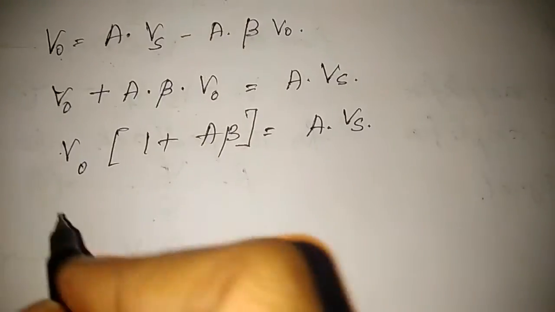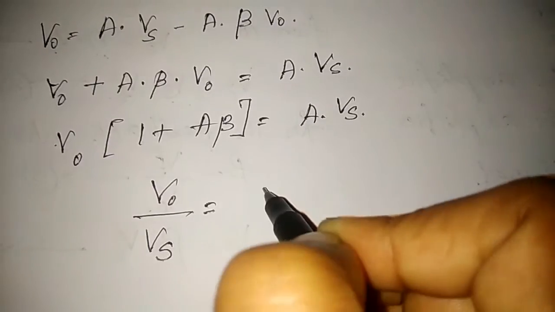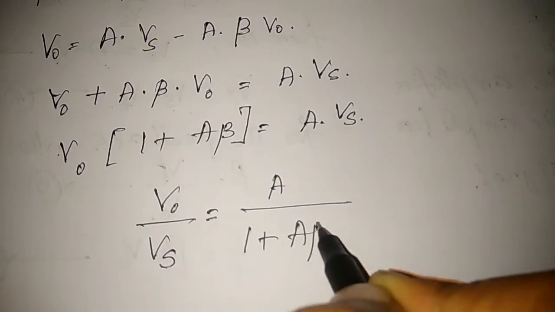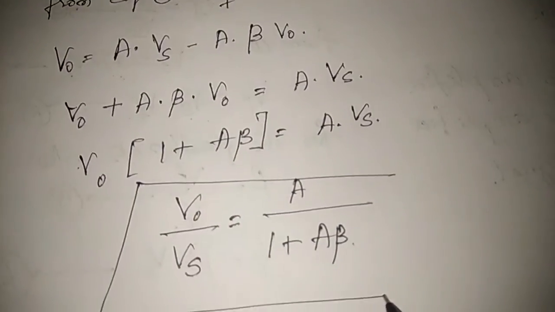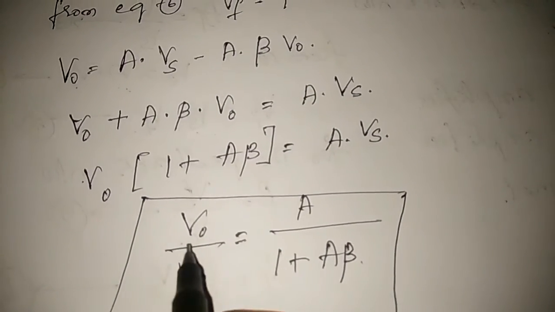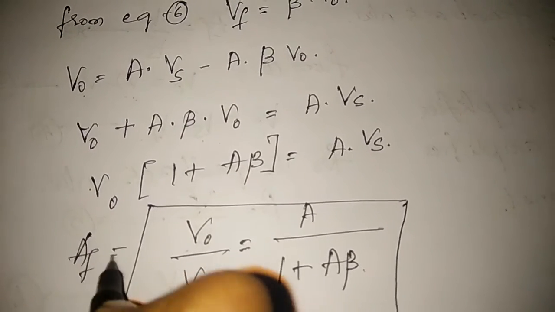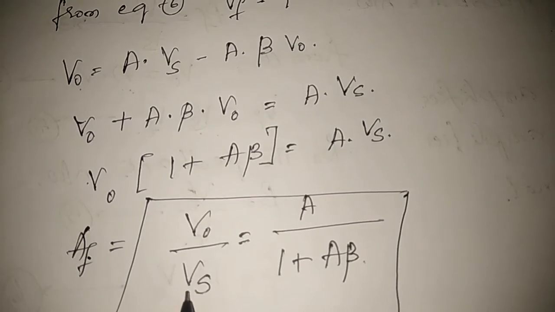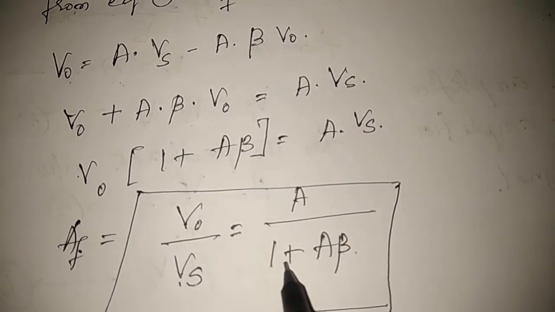So let me take this now. V naught divided by Vs will be equal to A divided by 1 plus A beta. What does this V naught by Vs represent? This is the overall gain of the amplifier with the feedback, that is AF is equal to V naught divided by Vs, which will be equal to A divided by 1 plus A beta.